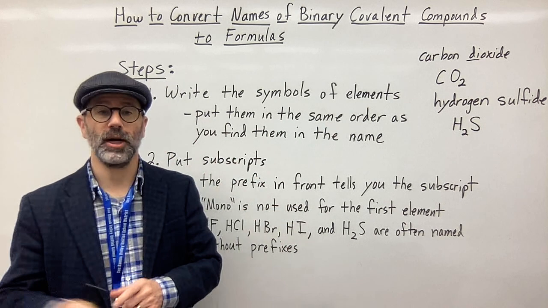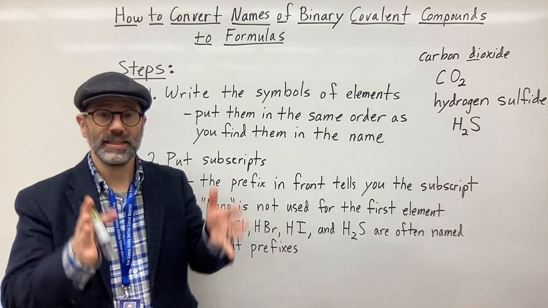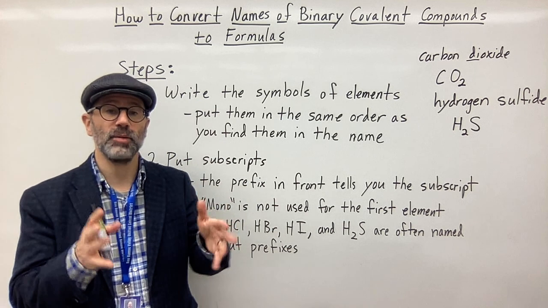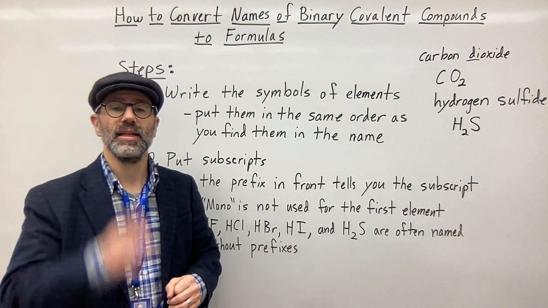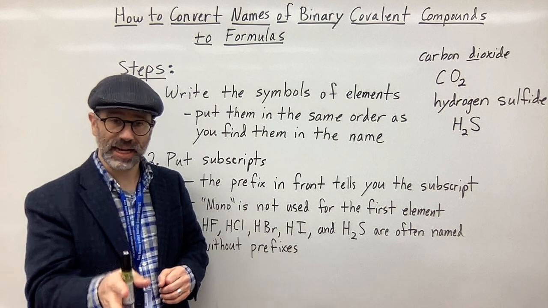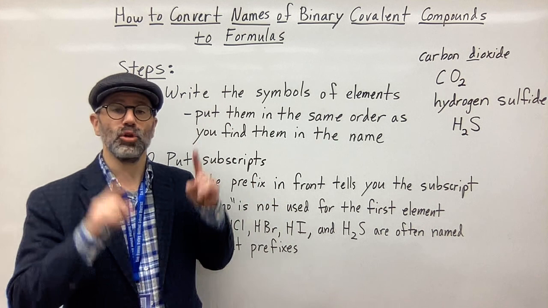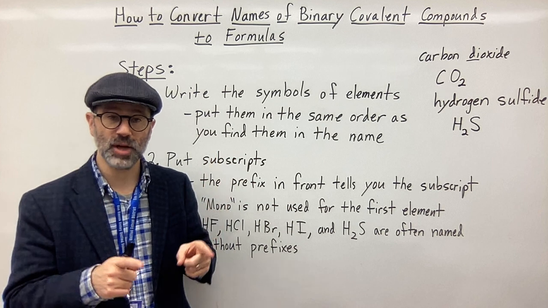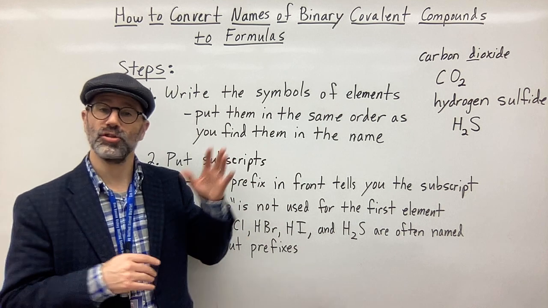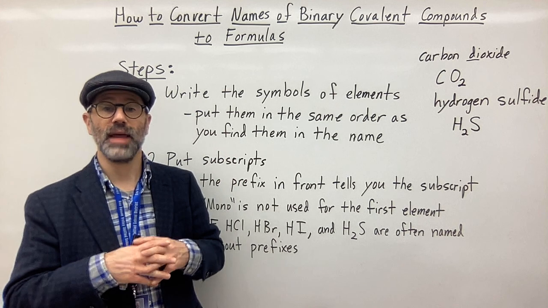And so that, ladies and gentlemen, is how you go from the name to the formula. Write down the symbols of each element. Write the first symbol for the first name first, and then the second symbol for the second name second, and then look at the prefixes. Prefixes will tell you what the subscripts are. If there's no prefix, that means there's only one.